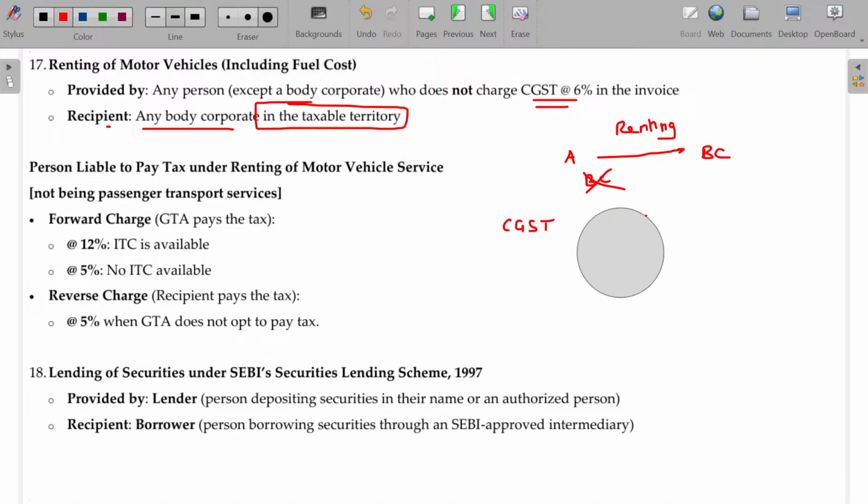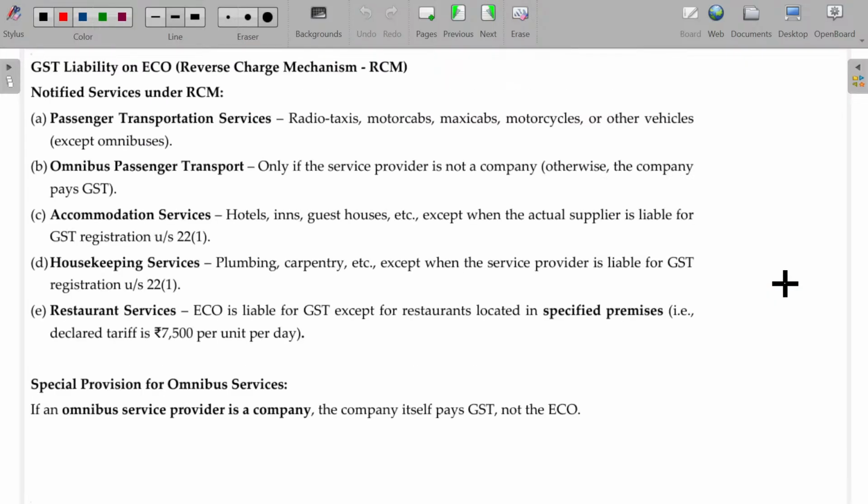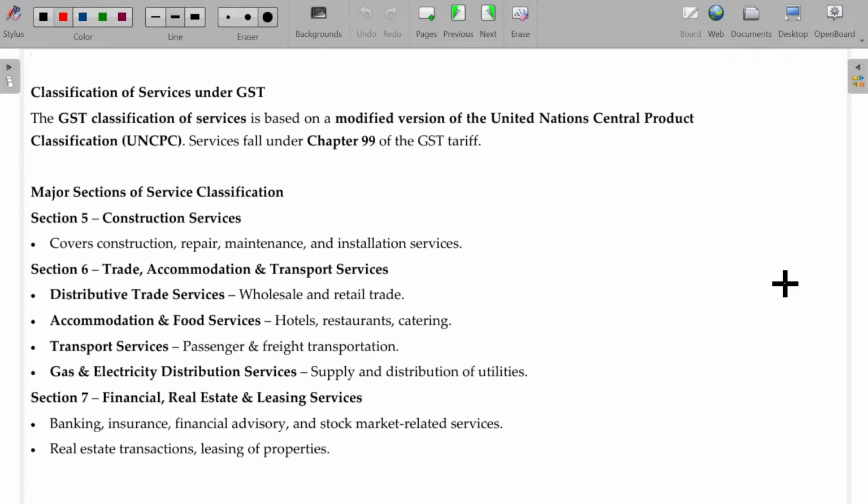Otherwise, in the less than 6% case, RCM is applicable. In the 6% case, RCM is not applicable. So you have to understand normal tax as well as composition tax. We will be dealing with that chapter also today itself.